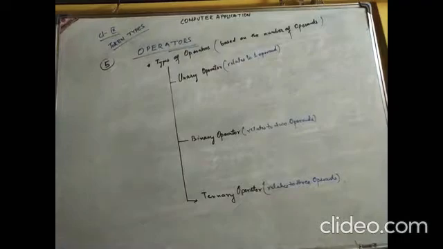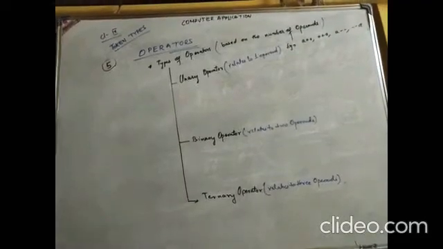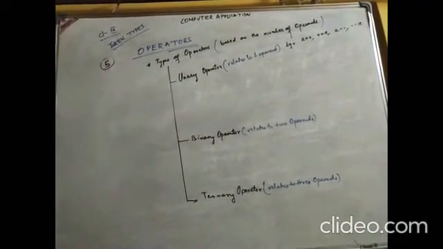Now, an example of a unary operator. First, we'll discuss purely the unary operator. The operators which relate to only one operand are called unary operators. Examples are: a plus plus, plus plus a, a minus minus, minus minus a.